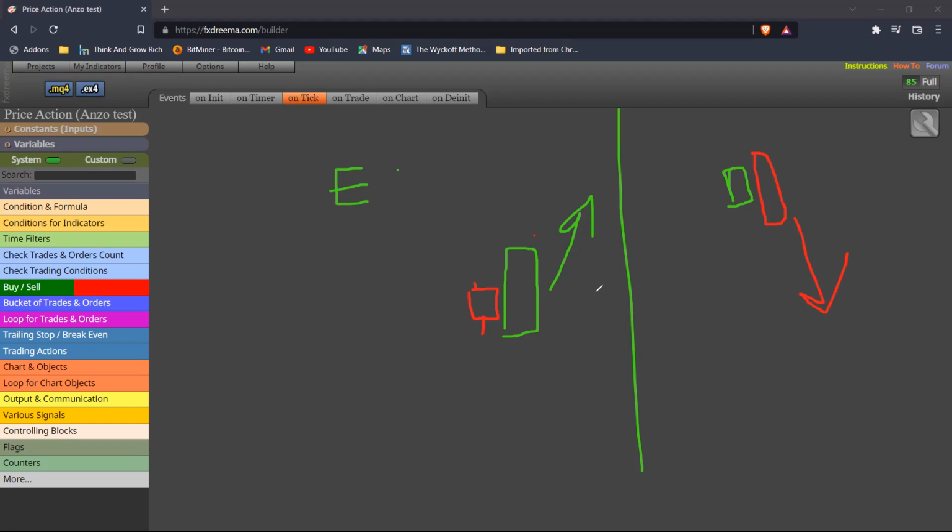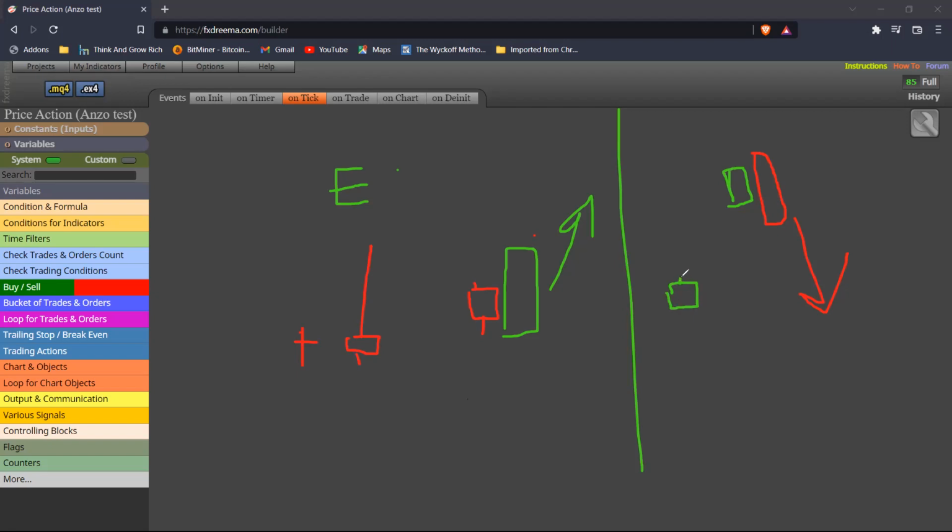Now, other types of candlestick setup: there is the doji, which is more or less an indecision candle. There's also the pin bar. A bearish pin bar has a long upper wick relative to the real body, and a bullish pin bar is a candle with a long lower wick.